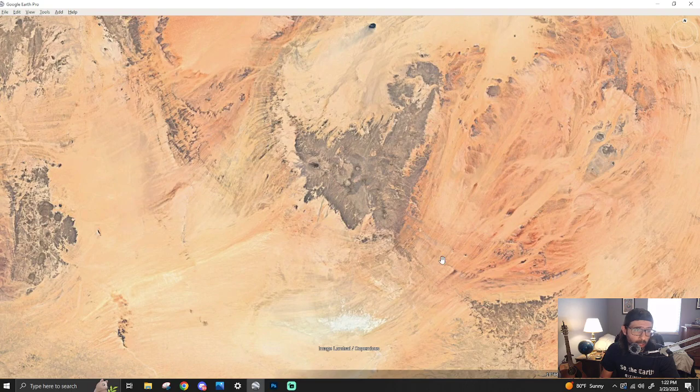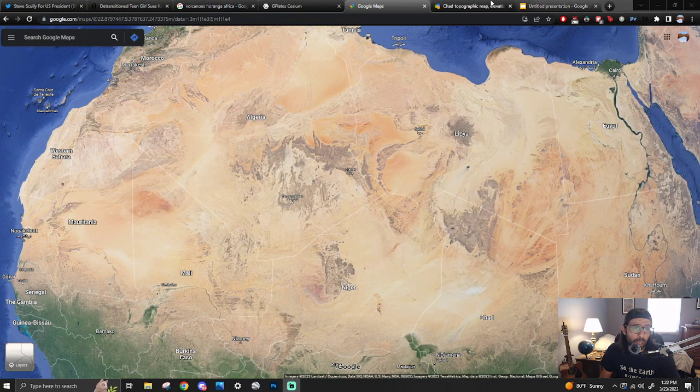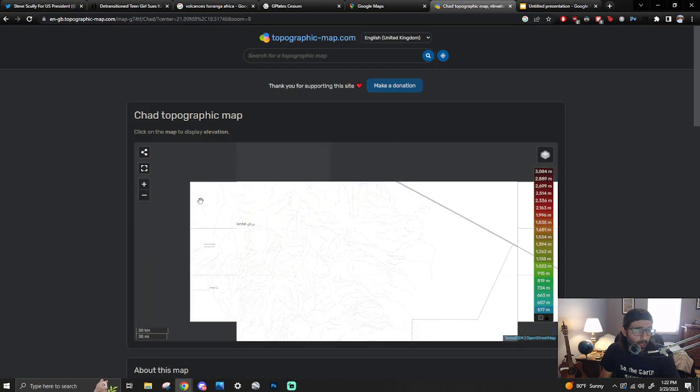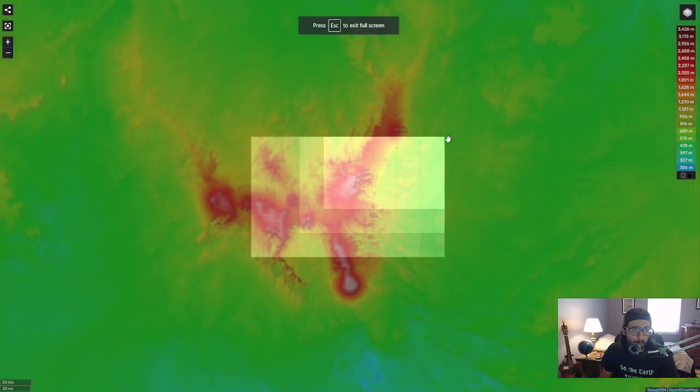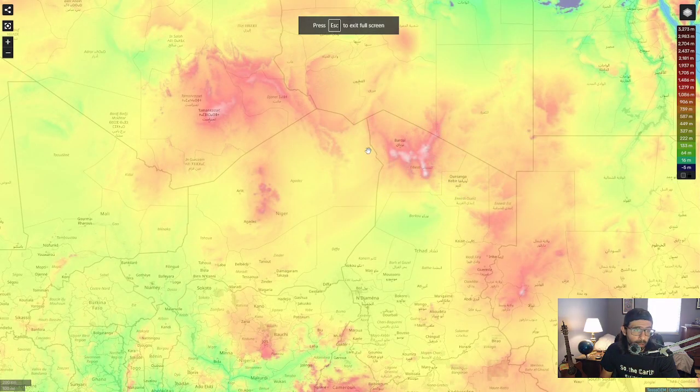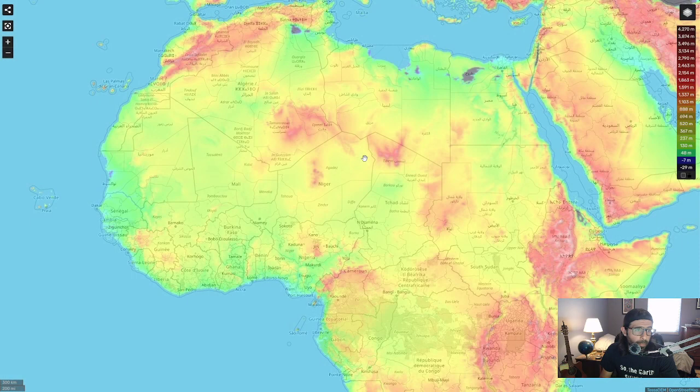So it's just this region here, which I pulled up the topographical map of, and so it's here. It's part of a boundary, maybe this is triangular.